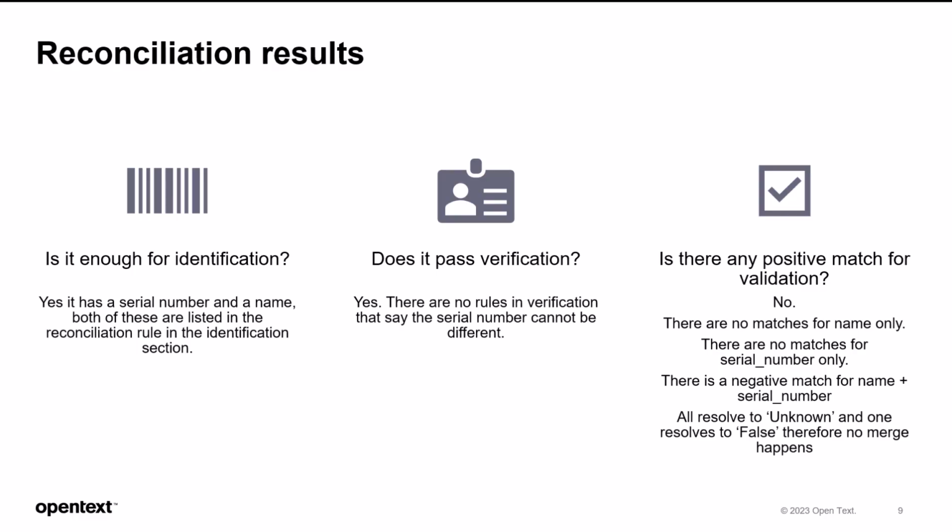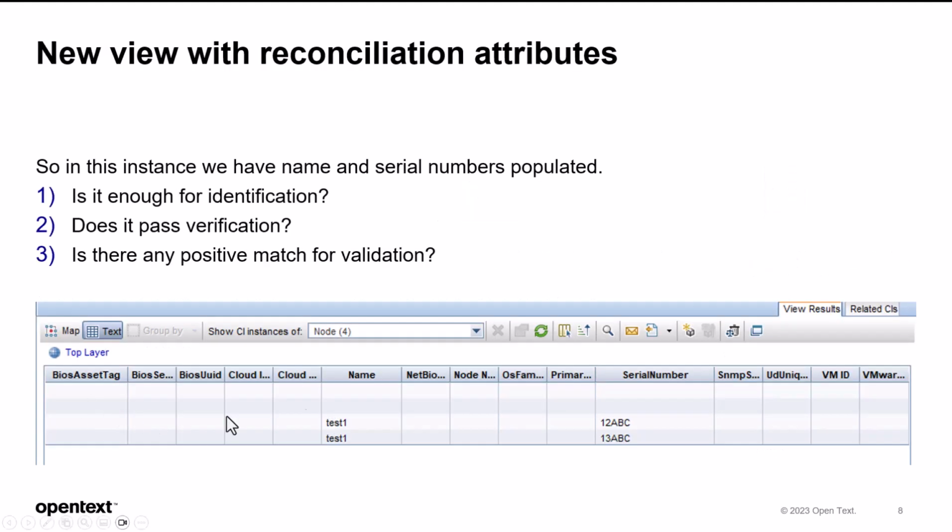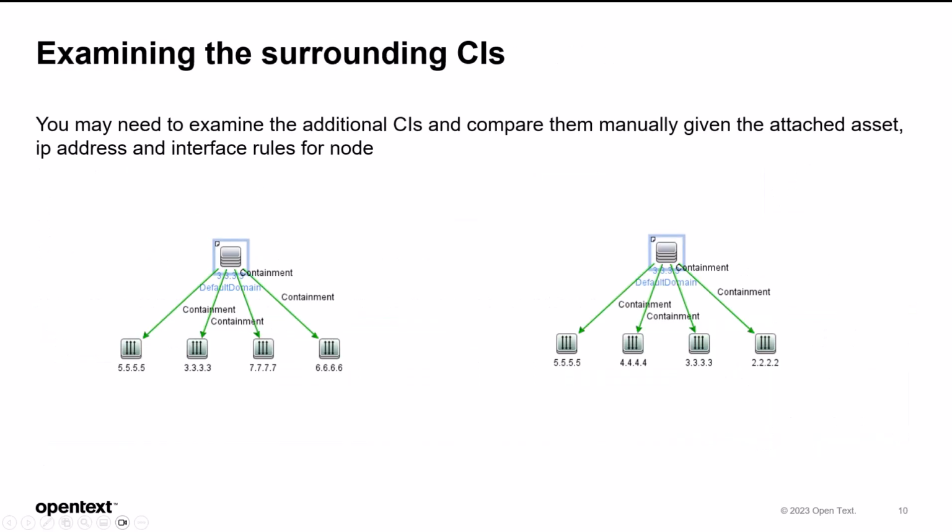But that only deals with 2 of the CIs. We also had 2 nodes that had no information in the node itself. You can see that these are the top 2 values here. So we'll examine the additional CIs that are around those nodes and then compare them to each CI that exists, right?